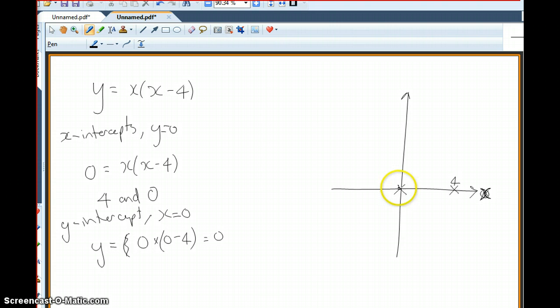So in other words, the y-intercept is also at this point. Next step, I found the y-intercepts, I found the x-intercepts, I now need to find the vertex or the turning point.